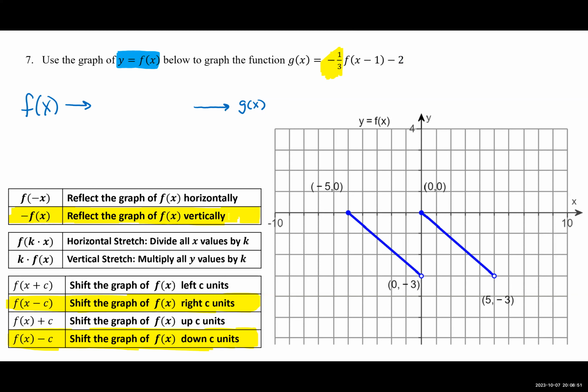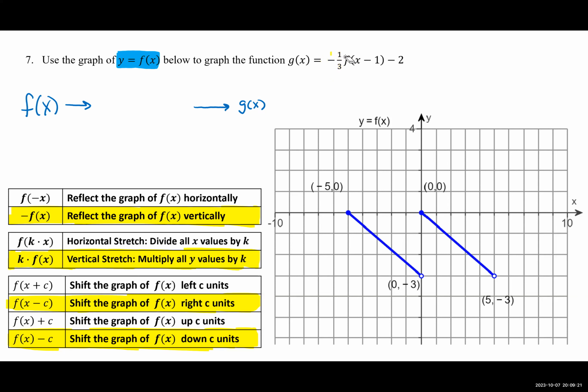Negative on the outside, and a multiplication on the outside. So there's a 1/3 on the outside. That means we have k times f of x, and in this case, the k is the 1/3. So it looks like these four apply here.